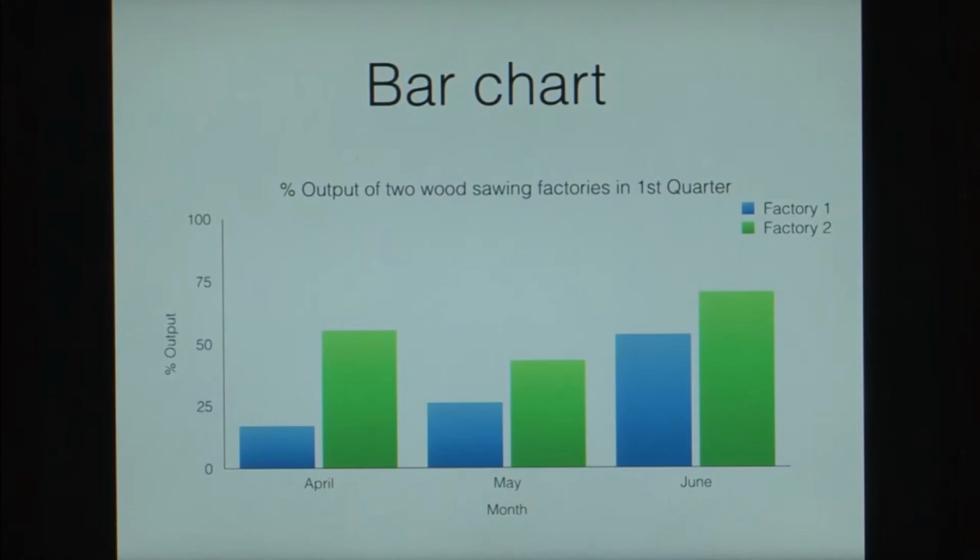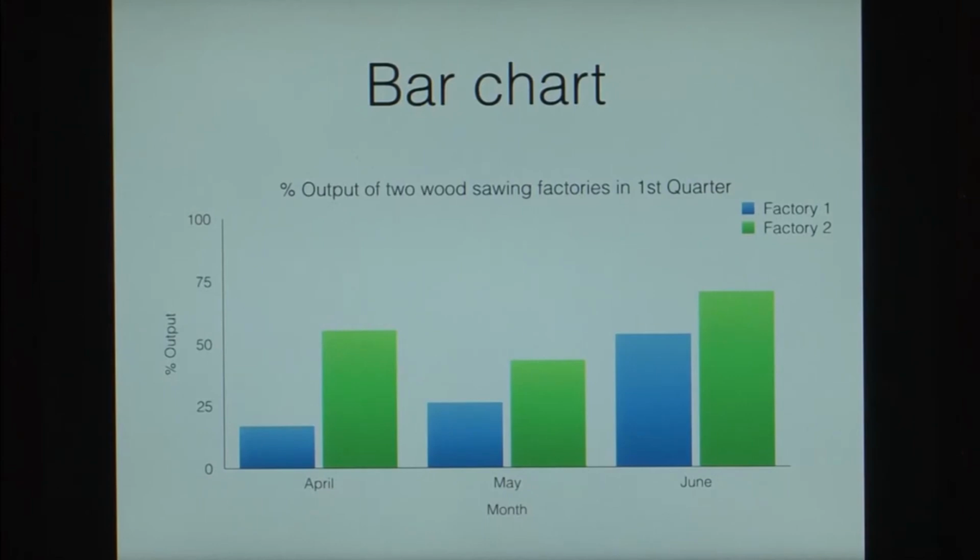In the case of factory 1, the percentage output goes on increasing with the months. The output of May is greater than that of April and the output of June is greater than that of May. But in the case of factory 2, the output decreases from April to May and then increases again from May to June. So, a bar chart makes it very easy to interpret these data. It would be extremely difficult if we showed these data in the form of tables only.